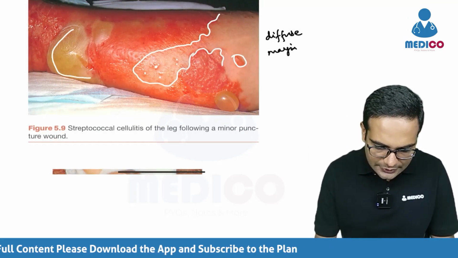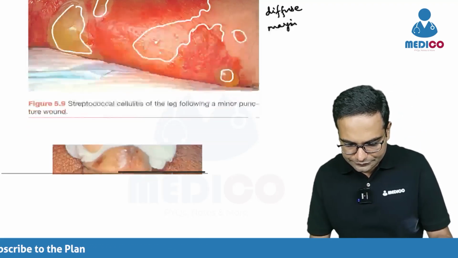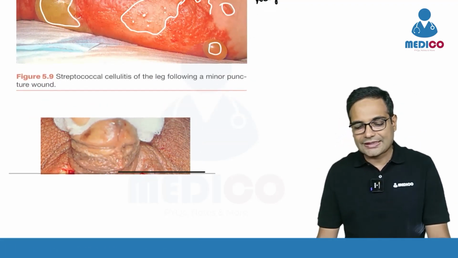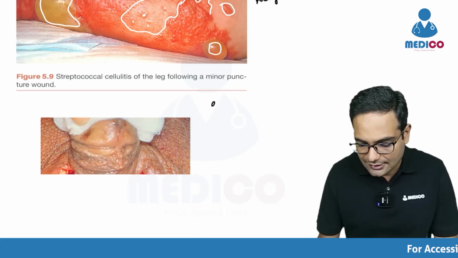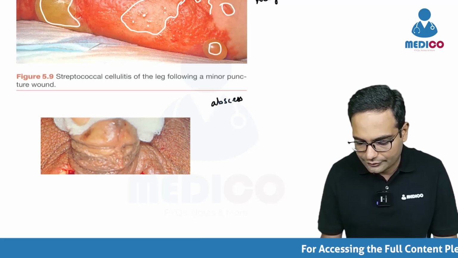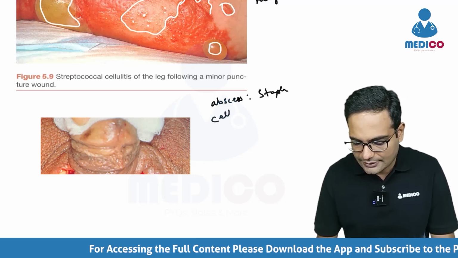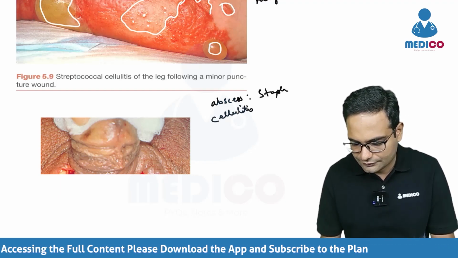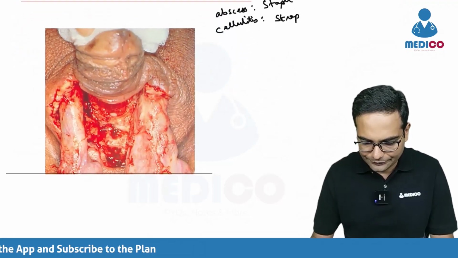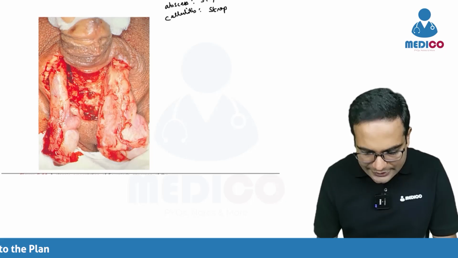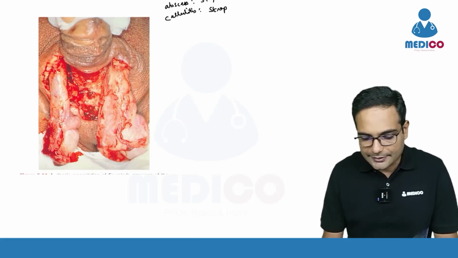This is a bleb, right? The most common cause of cellulitis is streptococcus, whereas the most common cause for abscess would be staphylococcus. Now this is again necrotizing fasciitis of the scrotum and the perineum, right?